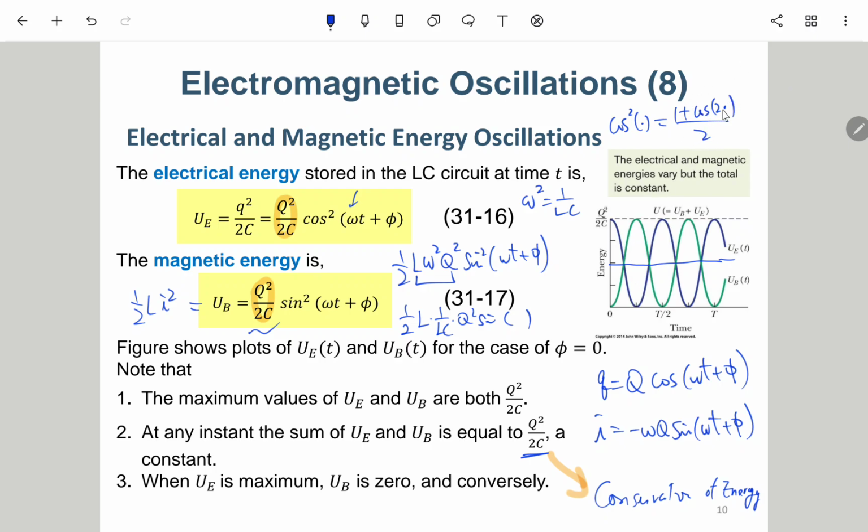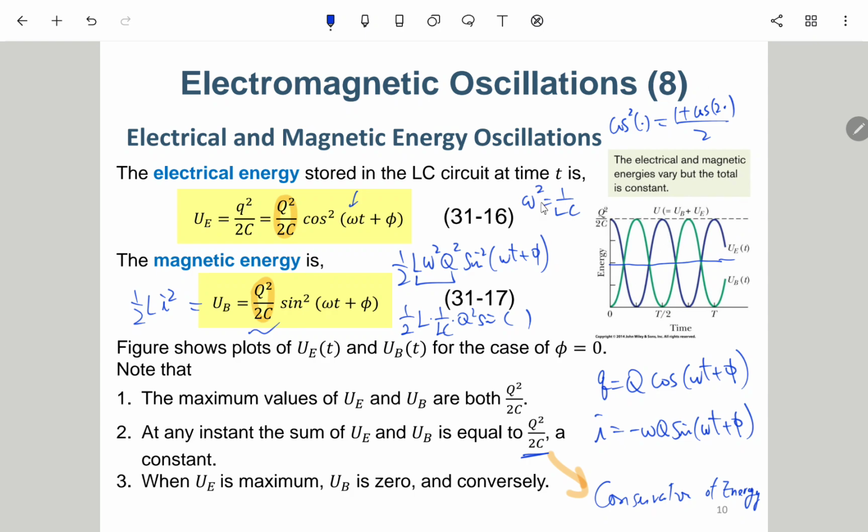Originally, a cosine or a sine ranges from -1 to 1. But in this case, it is -1 to 1, plus 1 becomes 0 to 2, divide by 2 becomes 0 to 1. So this sine wave is shifted to between 0 and 1 times Q squared over 2C.